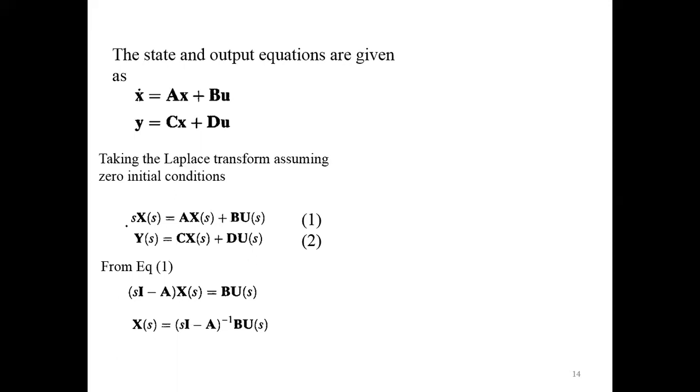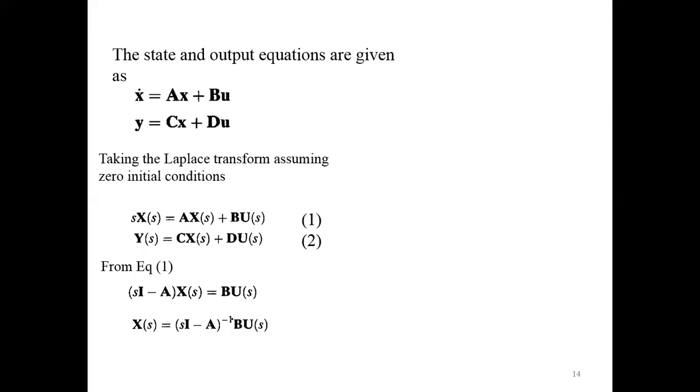So from here (sI minus A) will be common, and we want its inverse, minus 1. As these are matrices and vectors, we have to be careful with solving this.